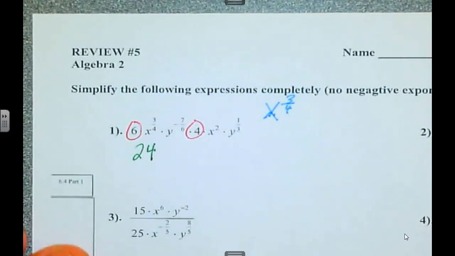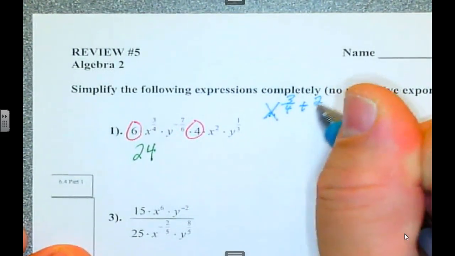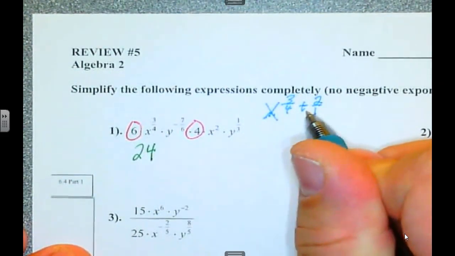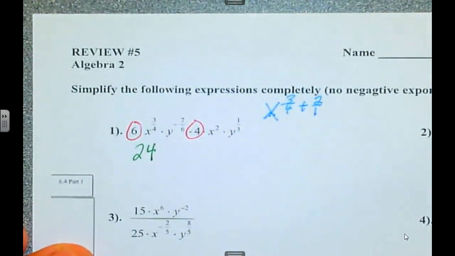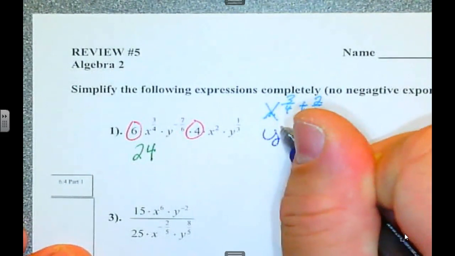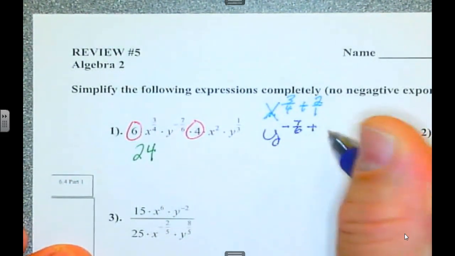What do I do with the exponents? That's right, add them. So I have x to the 3/4 plus 2 over 1, and I have y to the negative 7/6 plus 1/3.